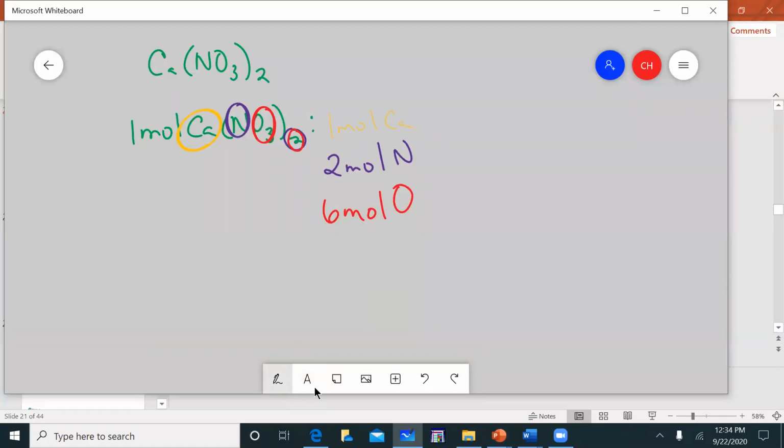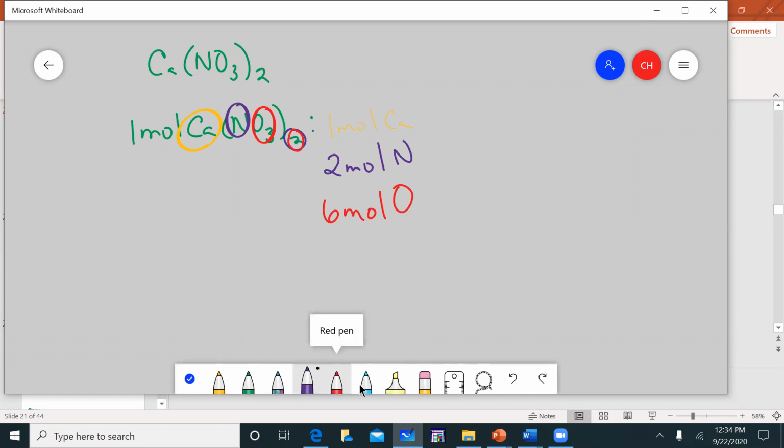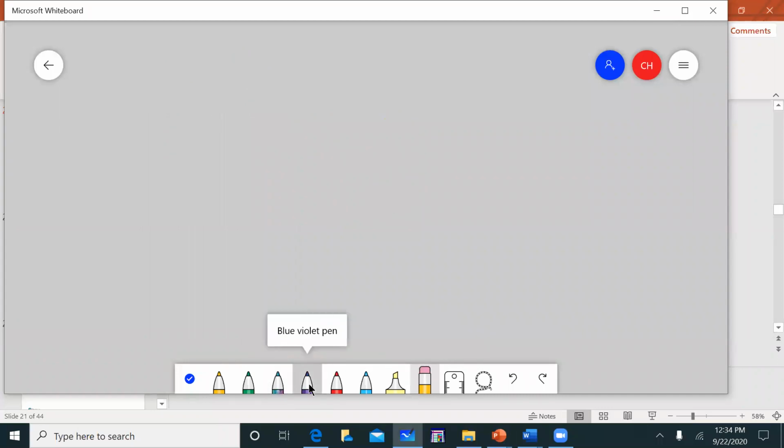So when I write something like 58 grams per mole of NaCl, that is its molar mass, also its atomic mass.